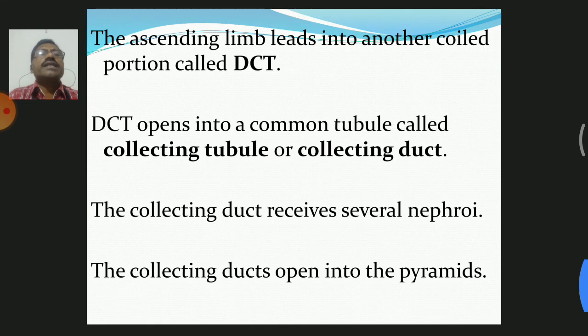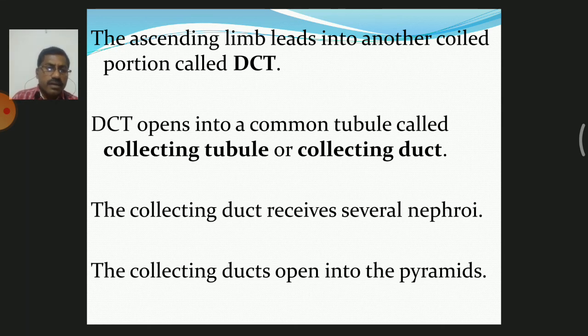The ascending limb leads into another coiled portion called the distal convoluted tubule. So the ascending limb opens into the DCT. The DCT opens into the common tubule called the collecting tubule or collecting duct.